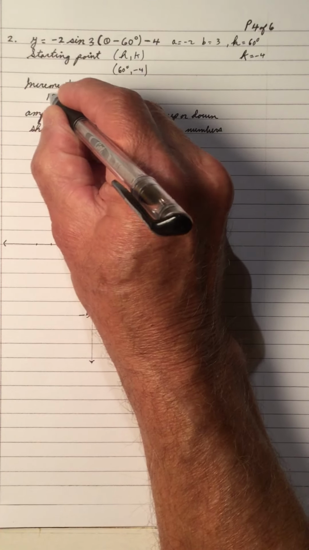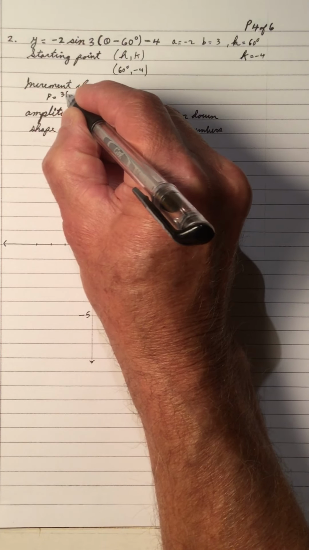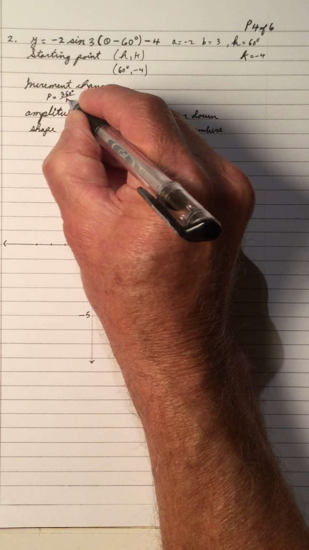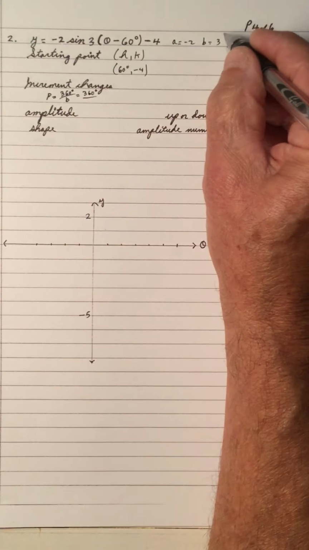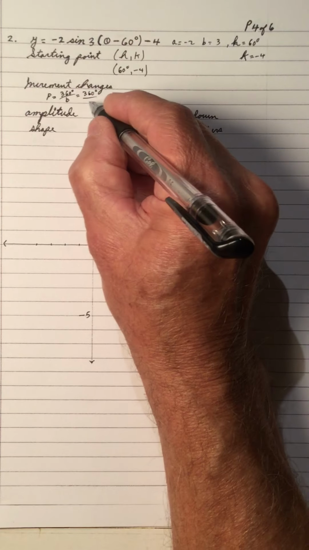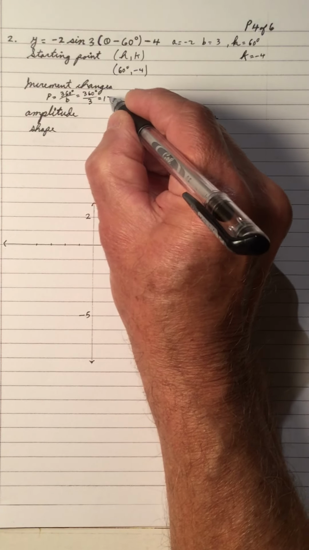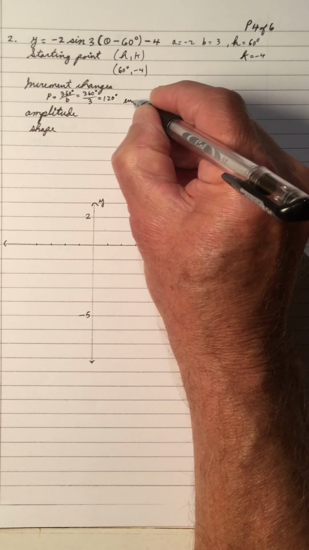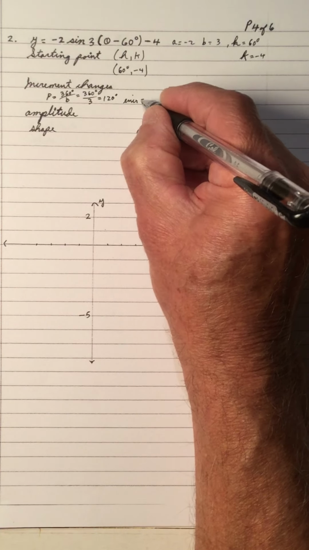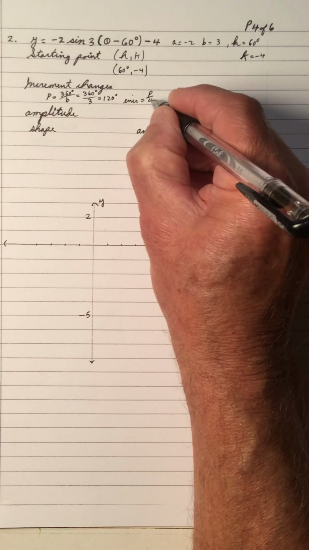Let's look at what the increment changes are going to be. So P is equal to 360 divided by B. So it's 360, B is 3 right here. So the period is 120. So the increment change is the period divided by 4.